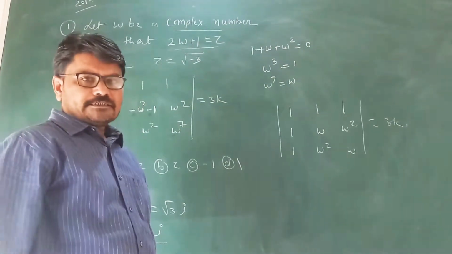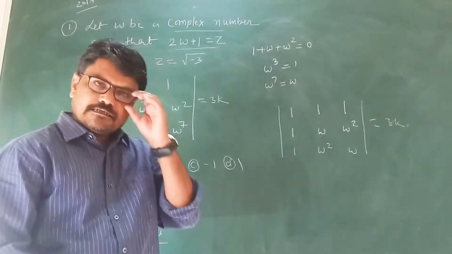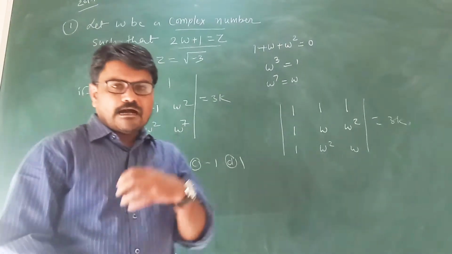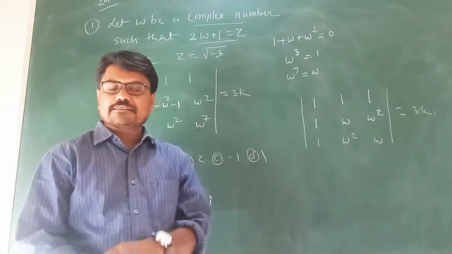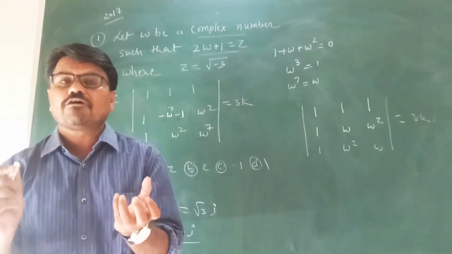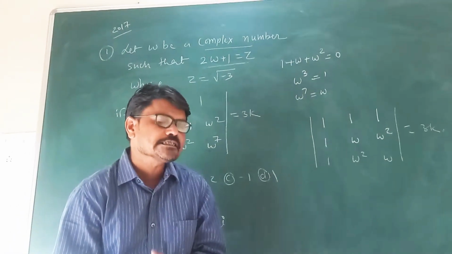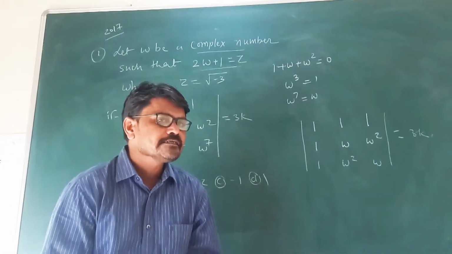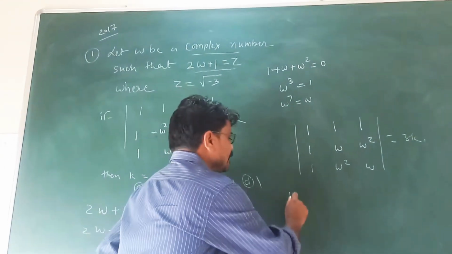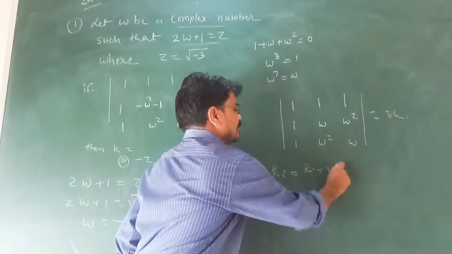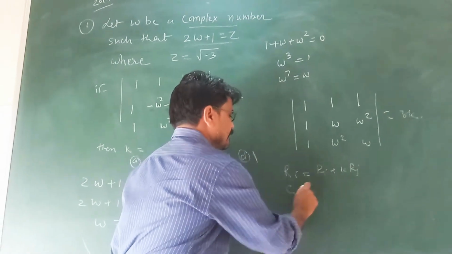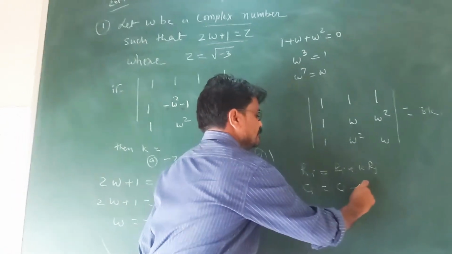Now we will apply elementary operations, that is the properties of the determinant, the invariance properties of the determinant. What is that? We can apply operations like Ri plus k Rj, or Ci plus k Cj.